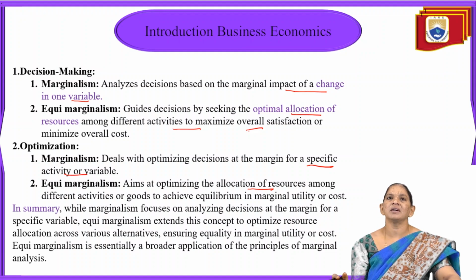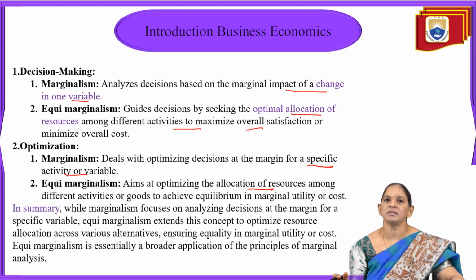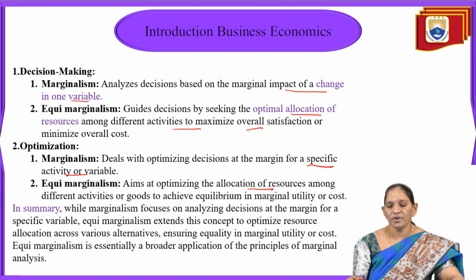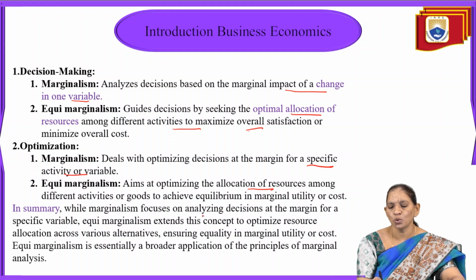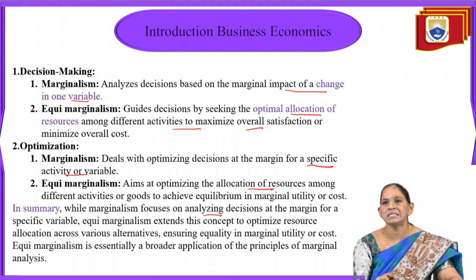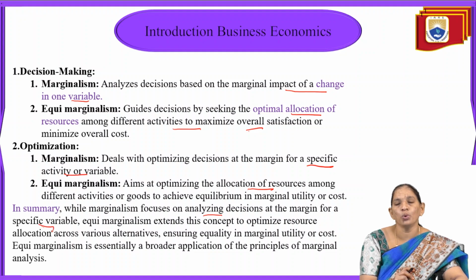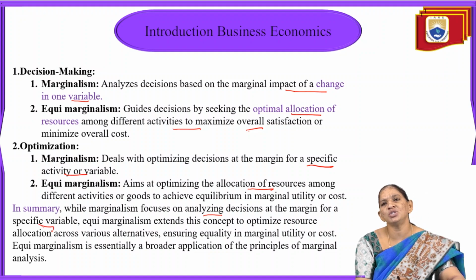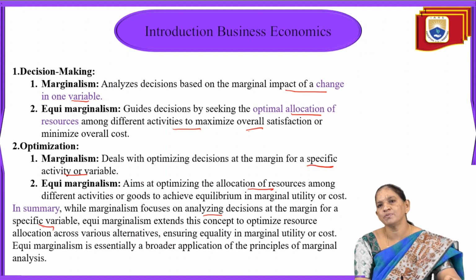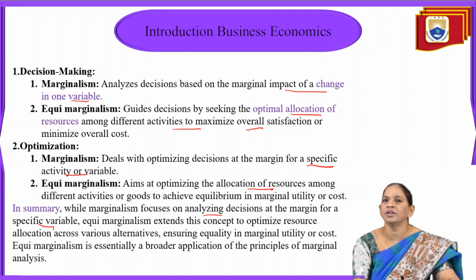So by these above items, we can contrast marginalism and equi-marginalism, where marginalism totally focuses on analyzing decisions relating to specific variables or only one variable. Means everywhere marginalism comes with the decision making point relating to only one variable.